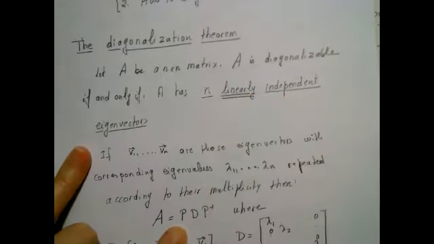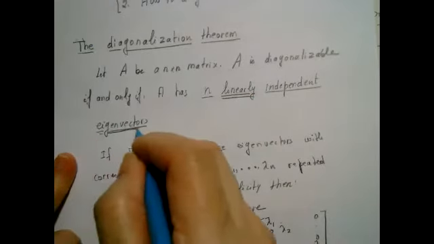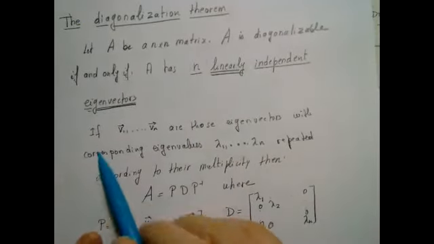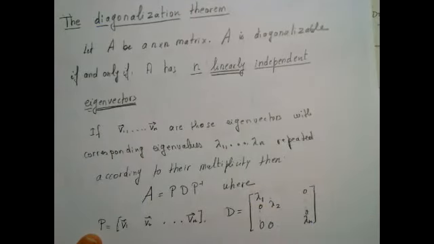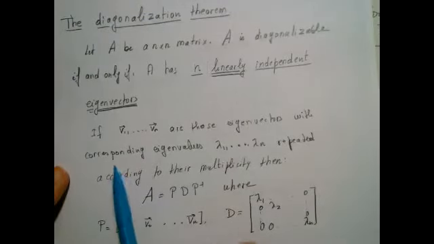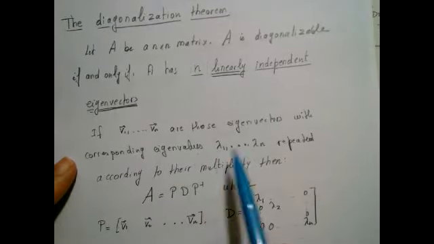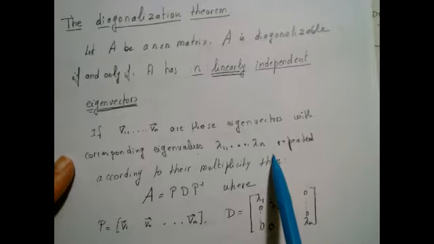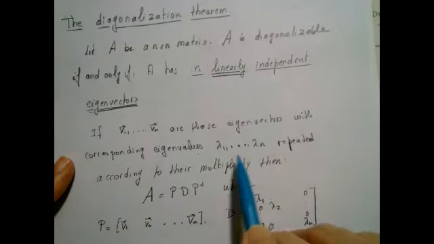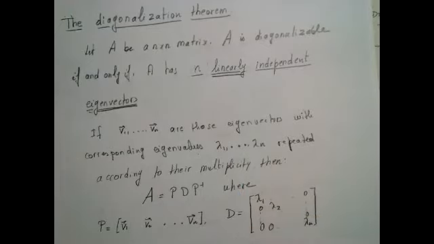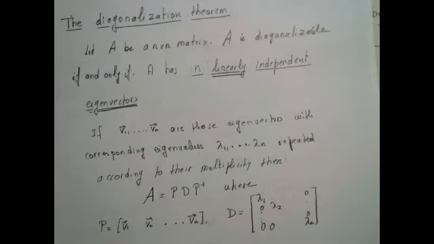Now, if V1 through Vn are those eigenvectors with corresponding eigenvalues lambda 1 through lambda n, repeated according to their multiplicity. It means, let us say lambda 1 has algebraic multiplicity 2, I'm going to repeat it 2 times. This will be explained in the examples.